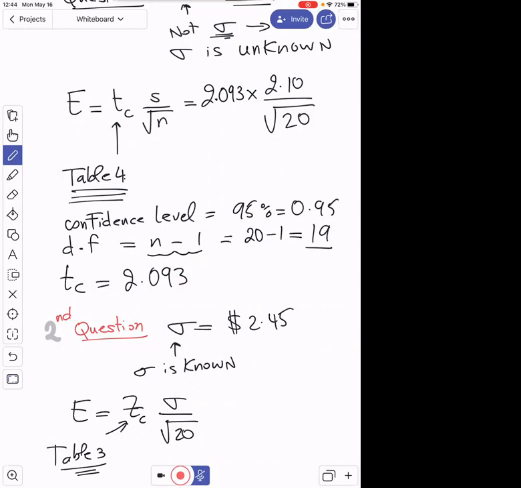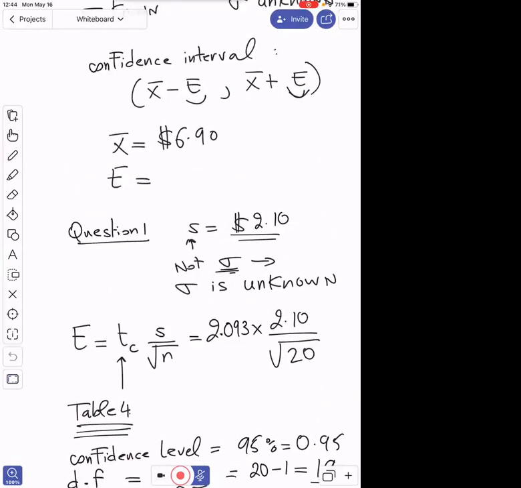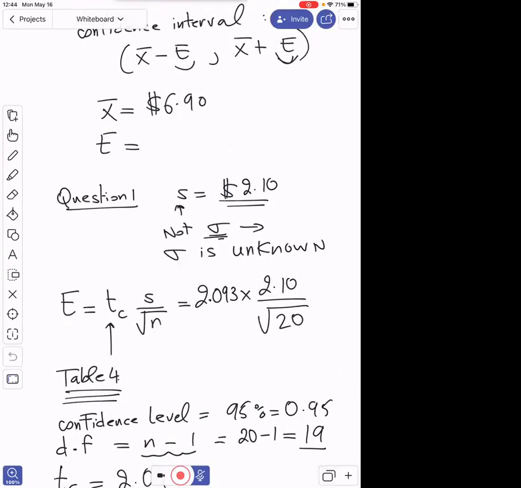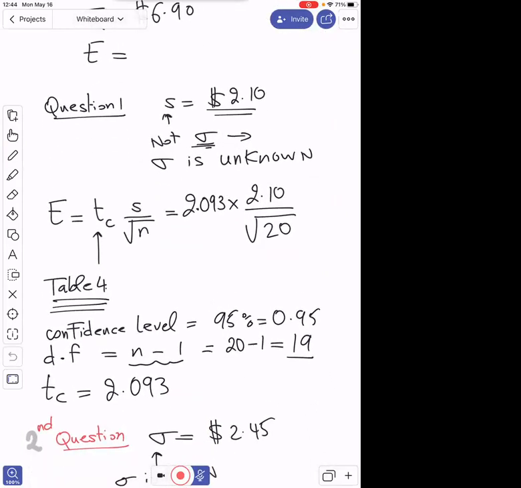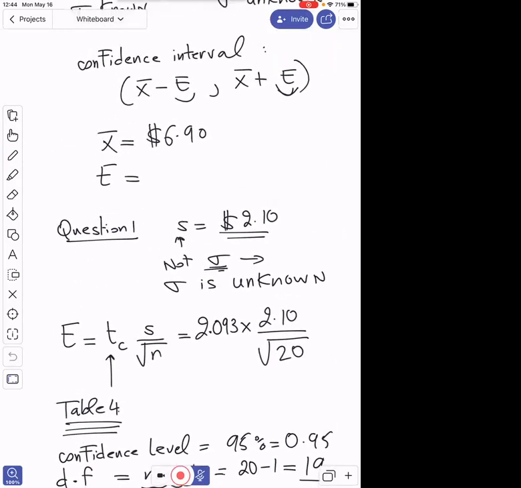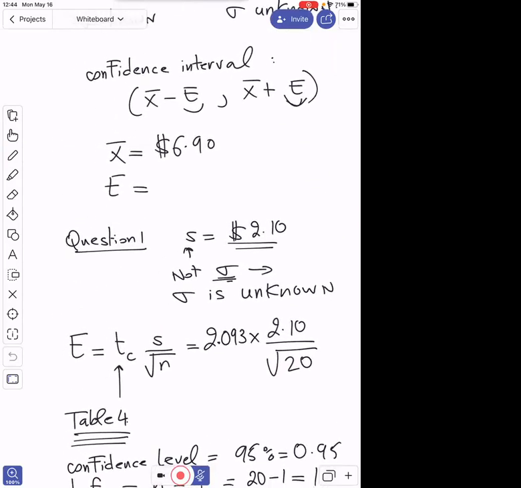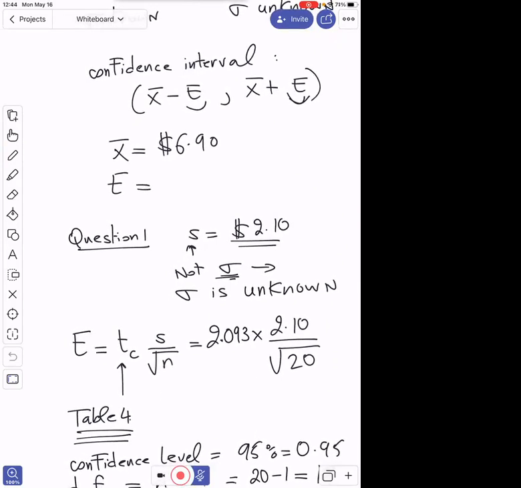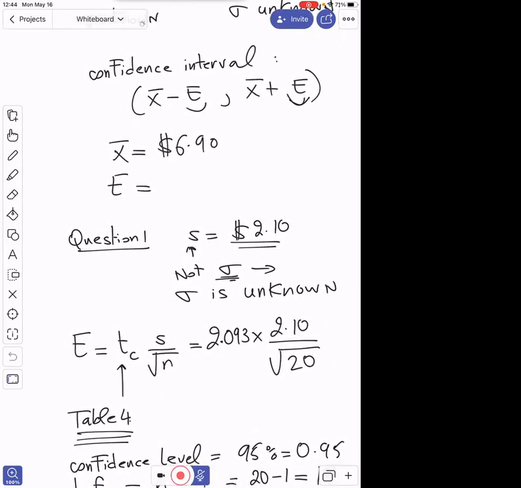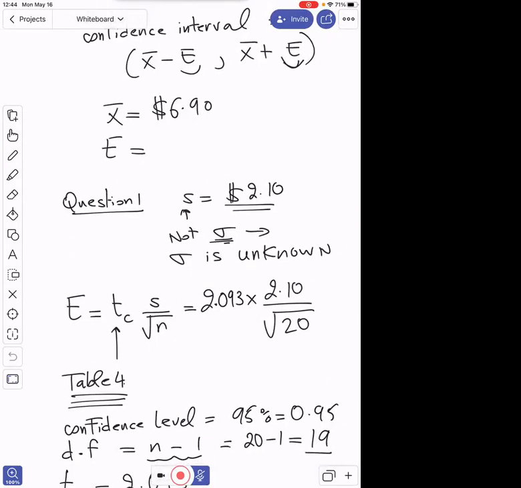For number 1, because sigma is unknown, most of you actually used table V instead of table 4. But you see the difference, guys, between the first and the second question? In the first question, there's no sigma at all, right? It's just S. So that's where we use the T subscript C.